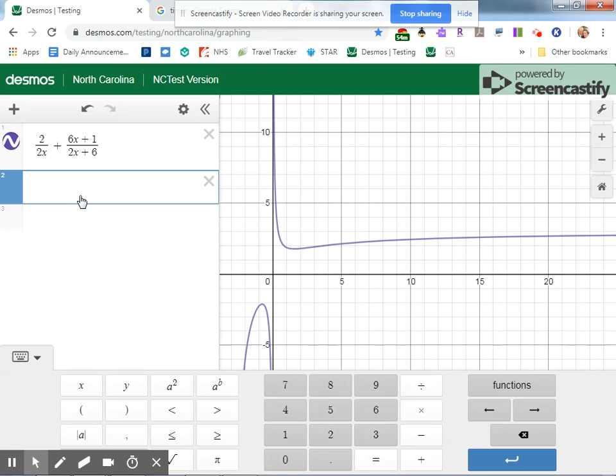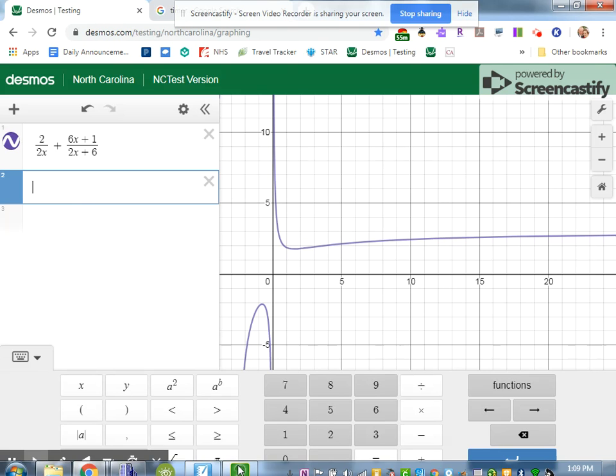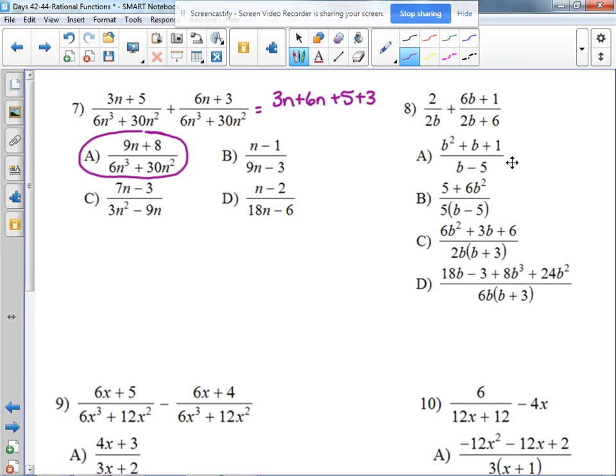Okay, so let's look at the answer choices. Does A look like it should be a possibility? Where did that B minus 5 come from? Now I'm not saying that that's definitely not the answer, but I'm just saying which one should I try first? Probably not going to try A and B first, because again, where did that B minus 5 in the denominator come from?